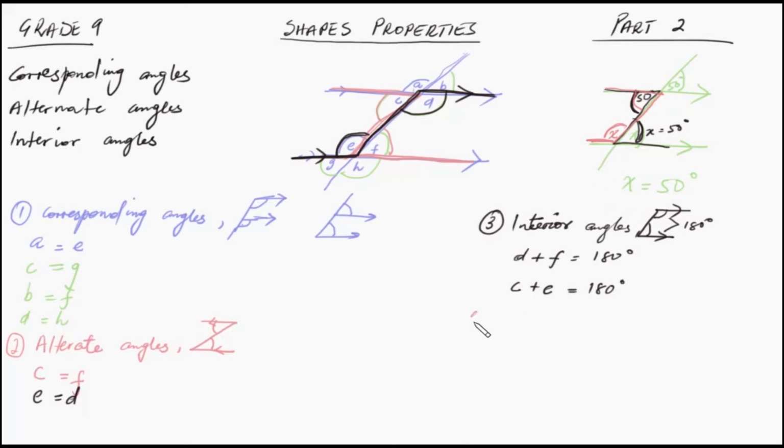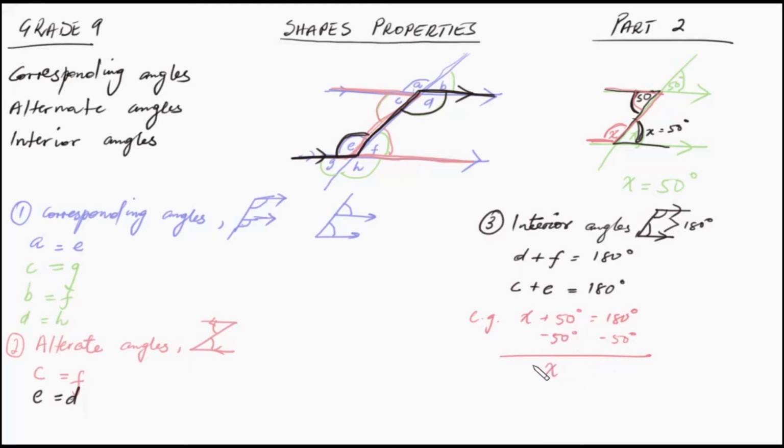x plus 50 degrees equals 180 degrees. So if you were to solve for x, you would say minus 50 degrees, minus 50 degrees. Then 50 minus 50 is 0.